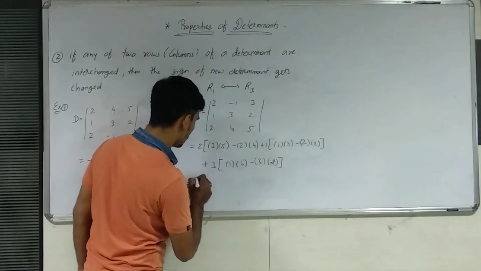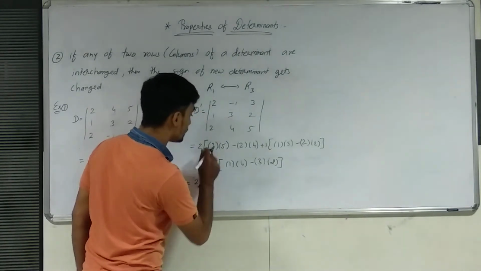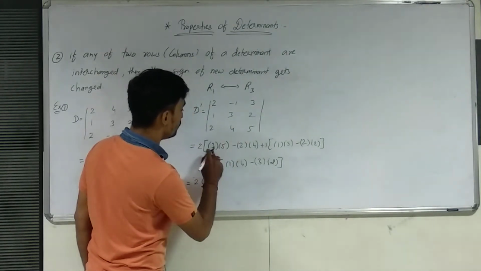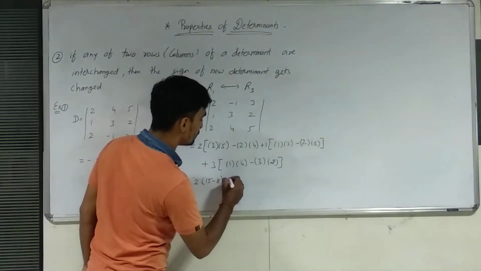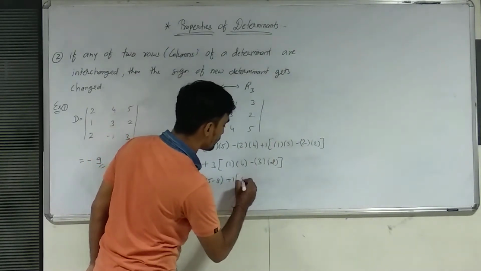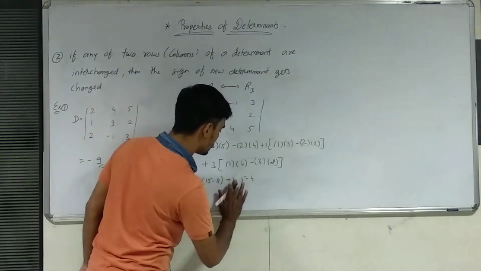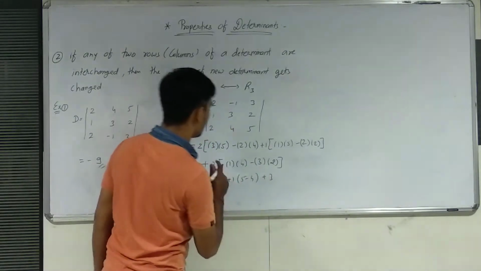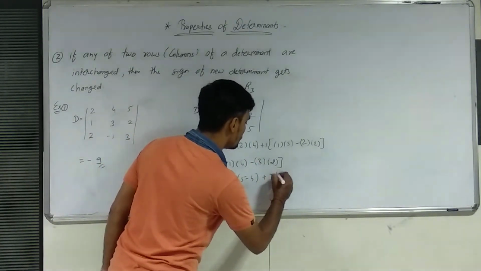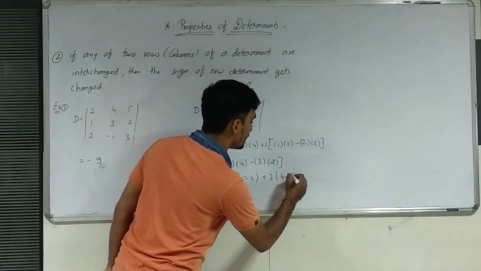Simplifying: 2 into (15 minus 8), plus 1 into (5 minus 4), plus 3 into (4 minus 6).